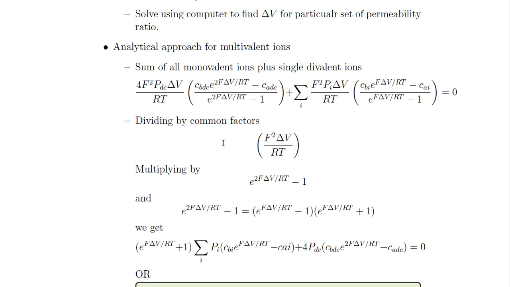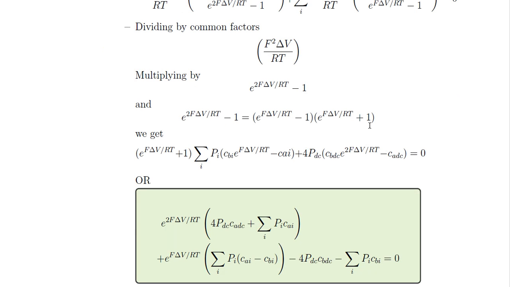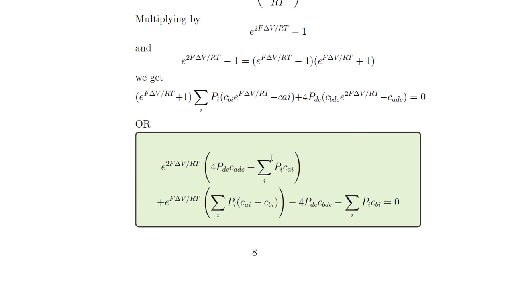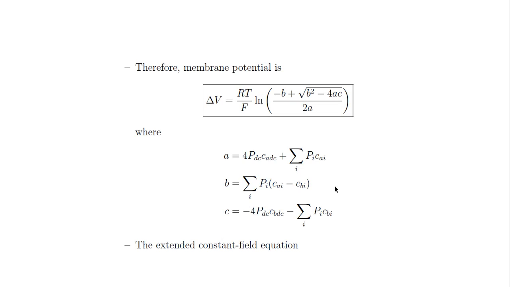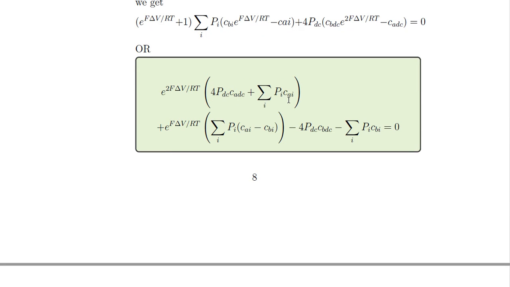Okay, so here we do some modeling. These are the movements of a multivalent ion from compartment A to compartment B. So we have this equation for the membrane potential, and solving it is just a quadratic, ax squared plus bx plus c.